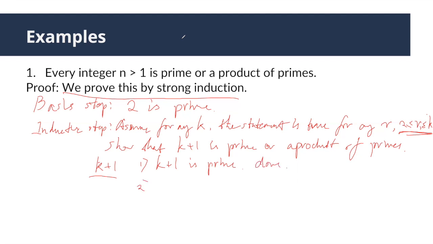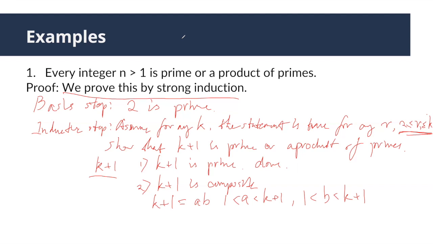Second, if k plus 1 is composite, then what that means is there are other factors besides 1 and k plus 1 itself. In other words, k plus 1 is equal to a times b, where a and b are both between 1 and k plus 1, because they are two factors of k plus 1 other than 1 and k plus 1.